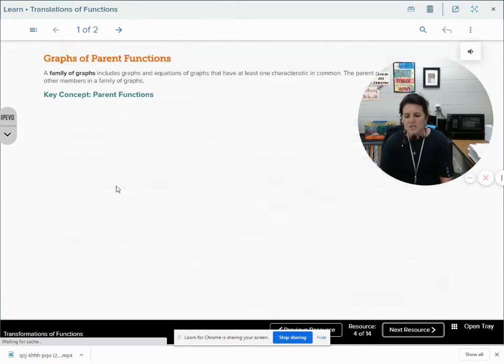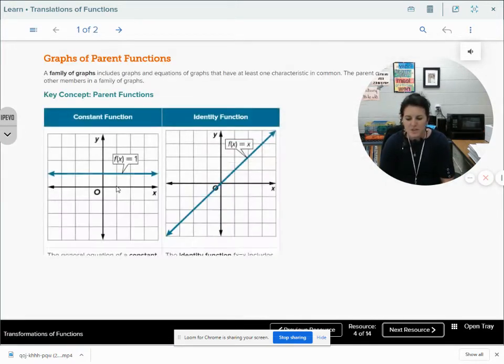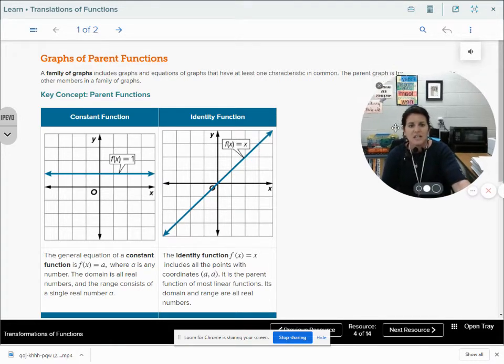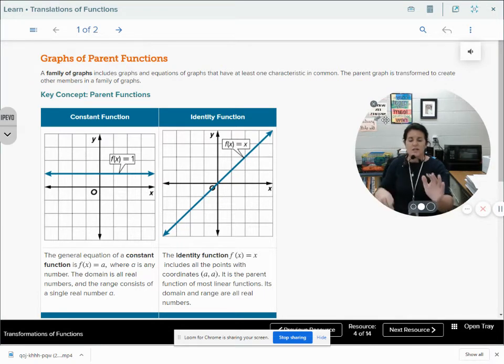So to learn today, we're going to learn about the translations of functions, and the parent function is where we're going to start. So a family of graphs includes graphs and equations of graphs that have at least one characteristic in common. So they've got something in common that makes them a family. So the parent function is what we start with, and then it's transformed to create the other members in the family.